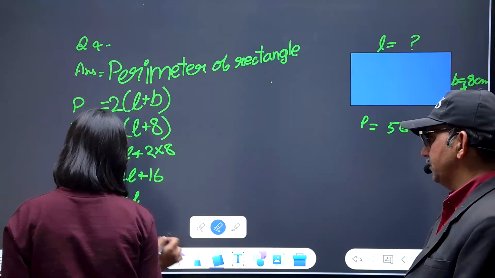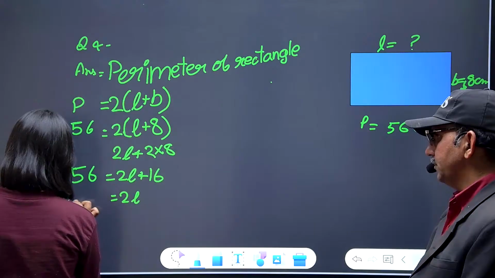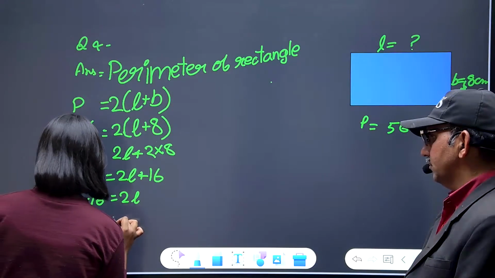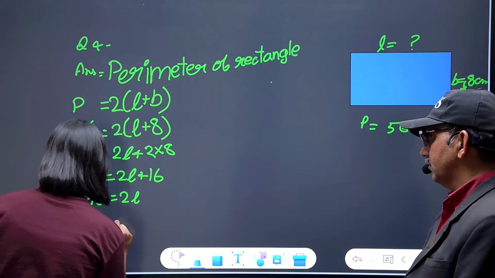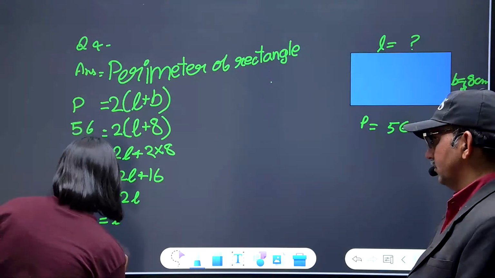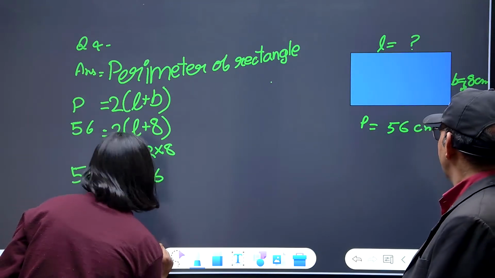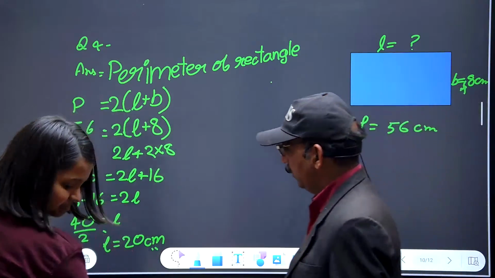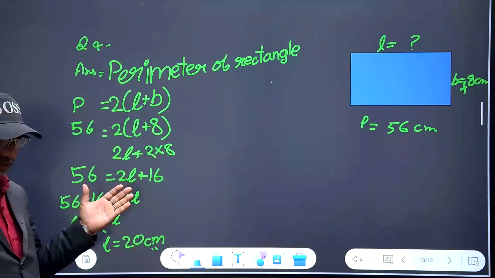Again it is 56 minus 16. 20 centimeter. Okay, right. Thank you. So by this formula, you can also find out the answer.